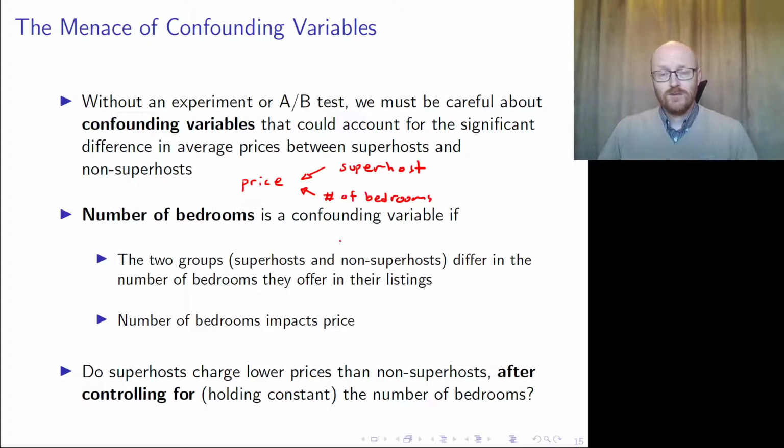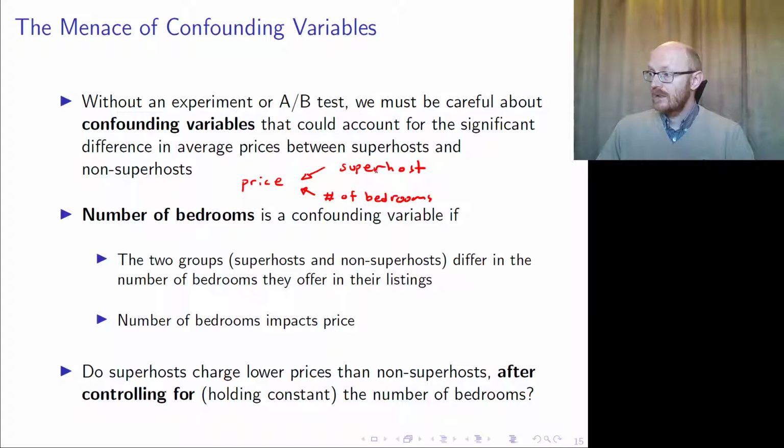The number of bedrooms should affect the price. The more bedrooms, the more price you can get for your apartment, and this would not be a confounding variable if the number of bedrooms were equal among superhosts and non-superhosts.